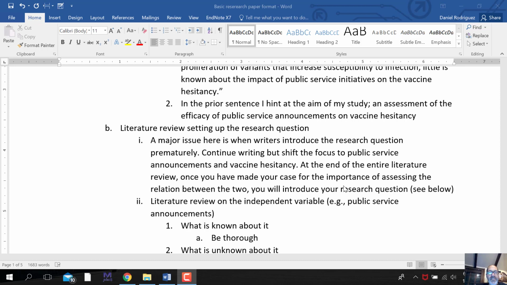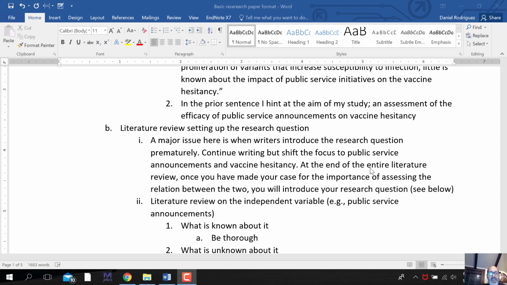So a major issue in the literature review is when writers introduce the research question prematurely. Yeah, this is actually a good problem. Continue your writing, but shift the focus to public service announcements and vaccine hesitancy at the end of the entire literature review. Once you have made your case for the importance of assessing the relation between the two, you introduce your research question.